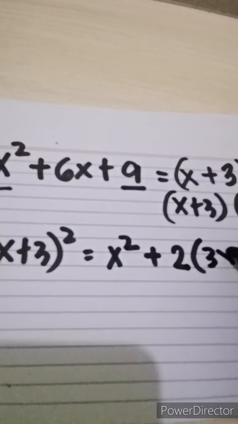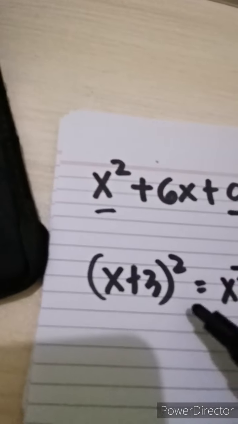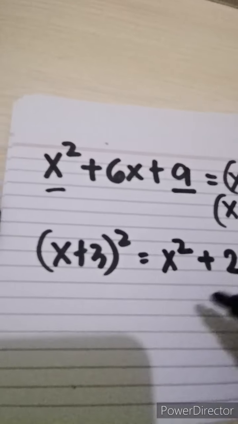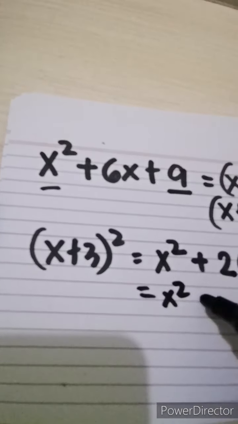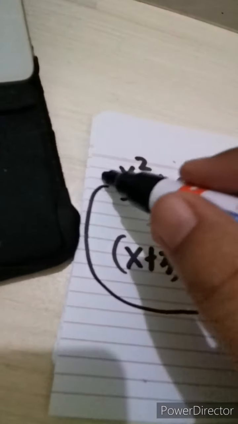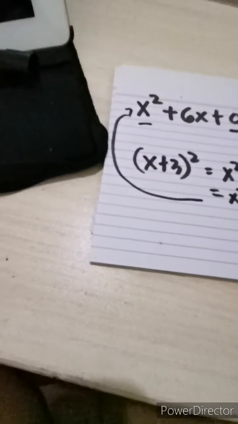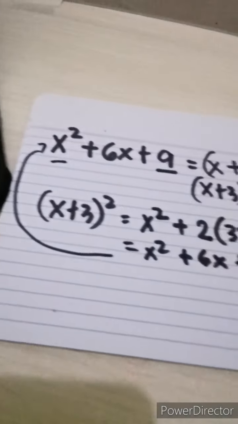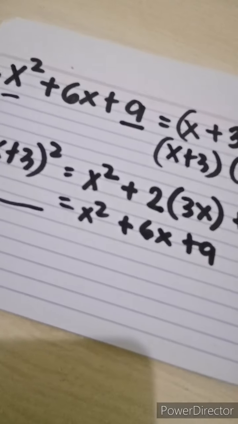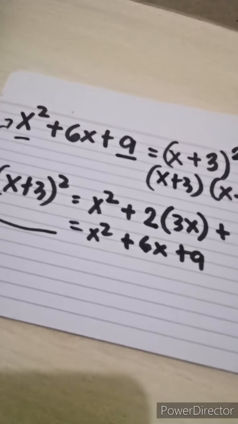So, we have 3x. Then, square the last term. Ang square ng last term is 3 times 3. So, we have 9. And simplifying, we have x squared plus 6x plus 9. Ayun siya doon sa taas. So, yung PST, yung perfect square trinomial, is the counterpart of the squaring of a binomial.